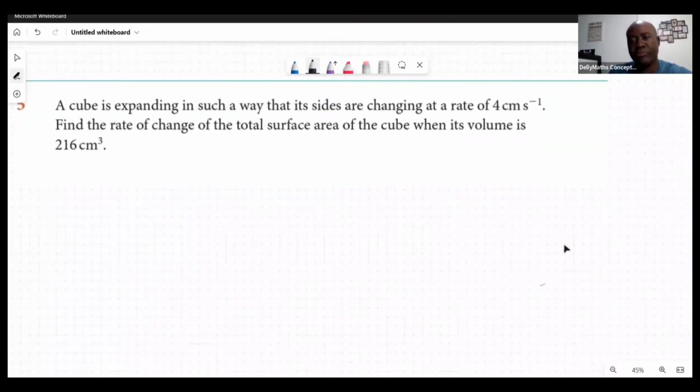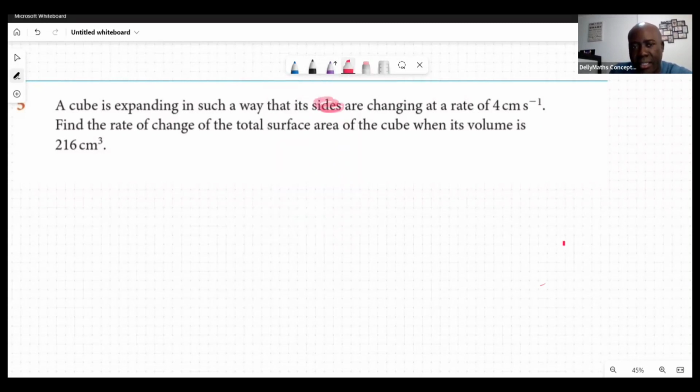So here is a question. The question reads: a cube is expanding in such a way that its sides are changing at a rate of 4 centimeters per second. So you're talking about the sides, and I'm going to highlight some stuff.